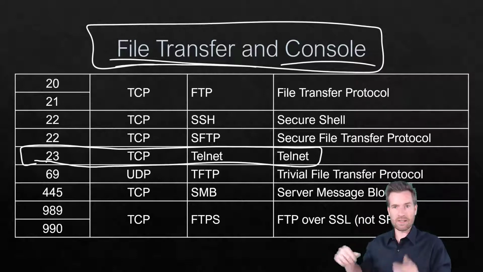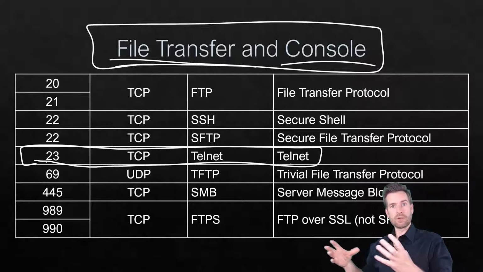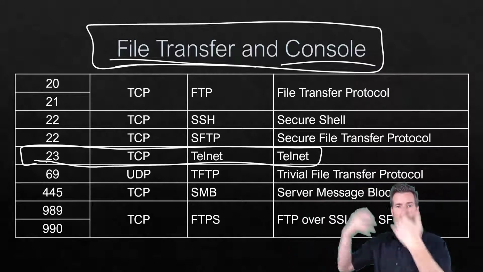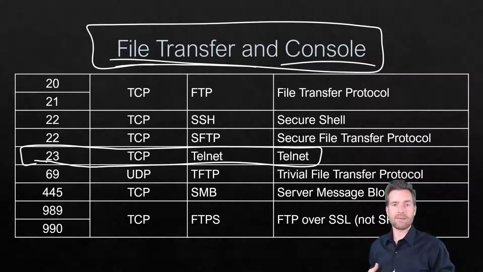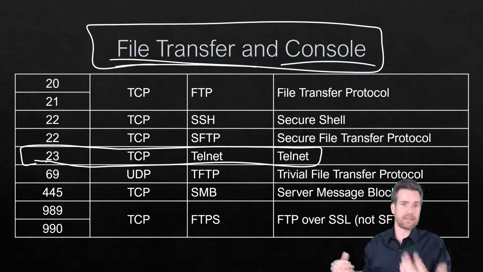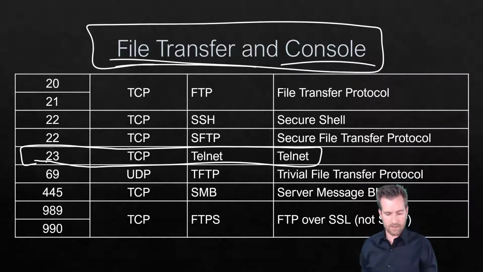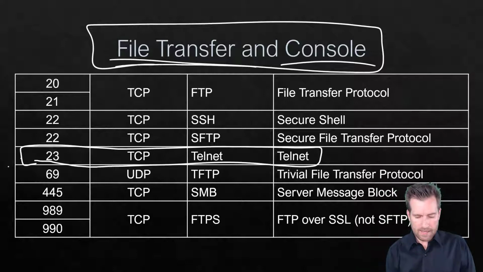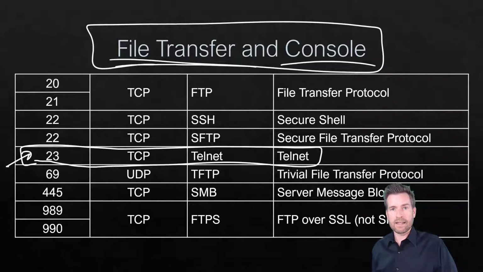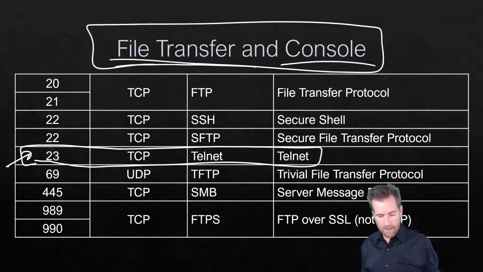You will continue to do that. You hit enter to execute a command, and then it will display the results of that command on your console. So Telnet is a way to do that, and it doesn't transmit things securely. Telnet is considered insecure, but it is a way to get onto equipment and manipulate it and change it and configure it and do all that fun stuff.